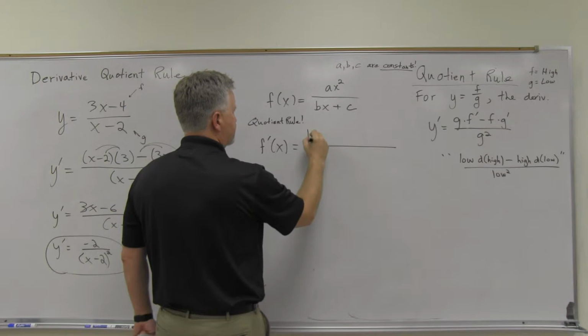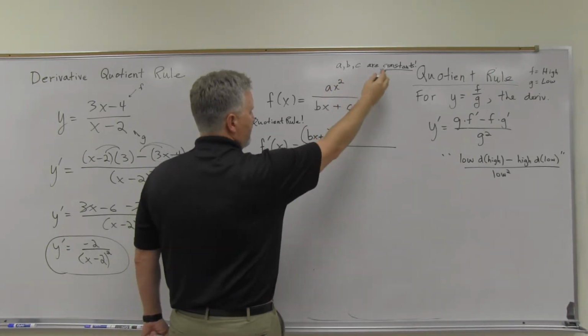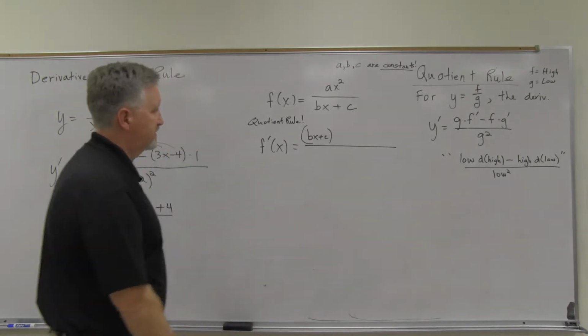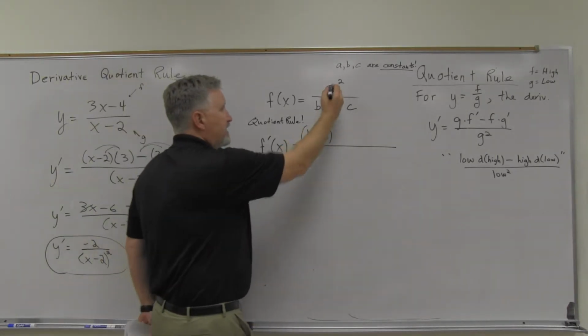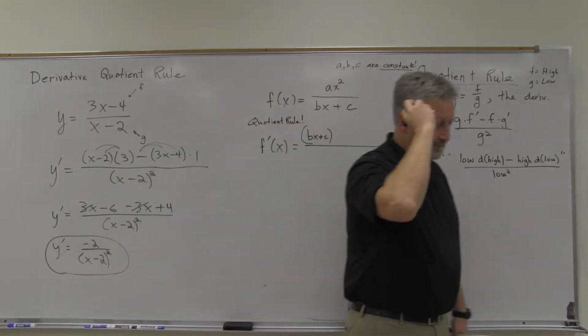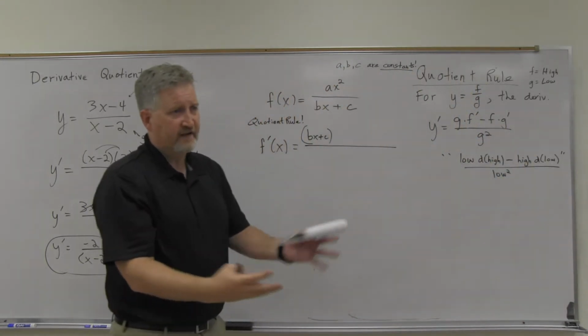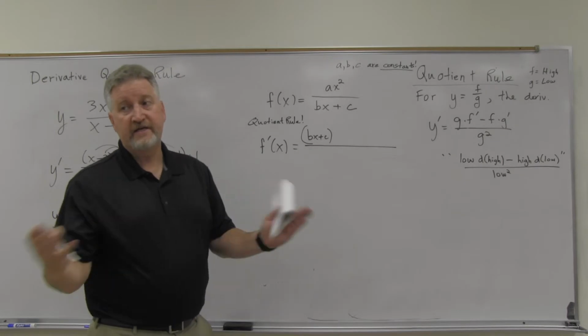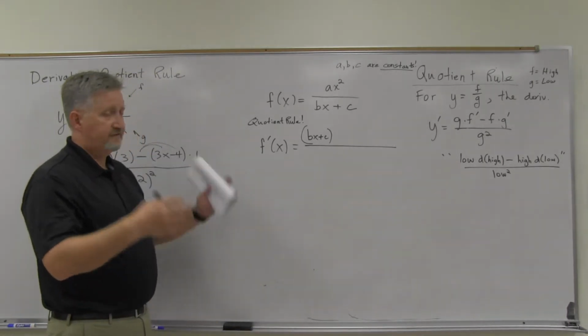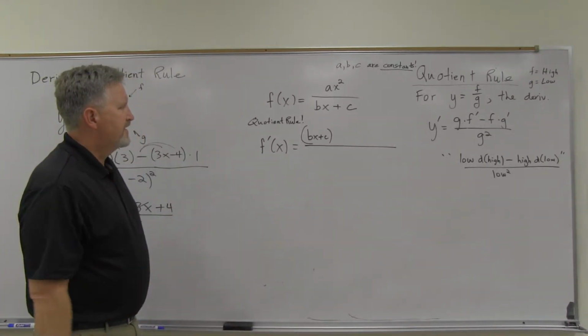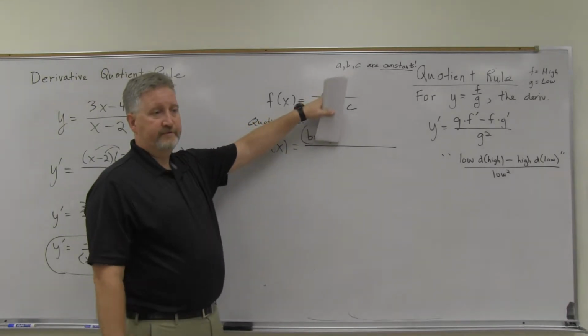Low, bx plus c, times, all right, so here's where that fact a, b, and c are constants comes in, because that is a times x squared, but that's just a number times x squared. It's like 5x squared, or 10x squared, or negative something x squared. a is just a number.